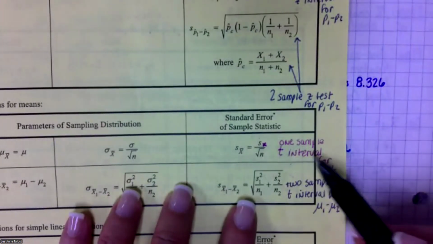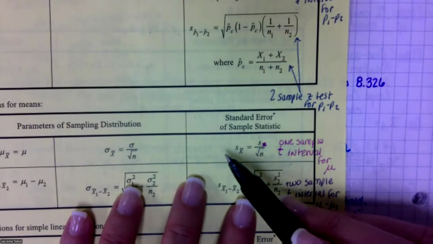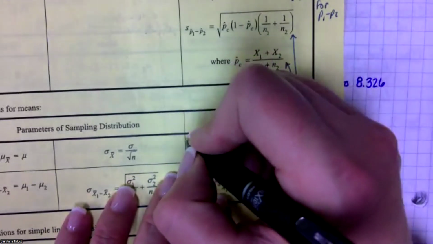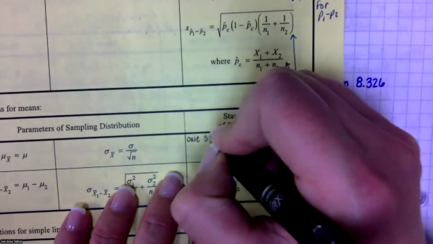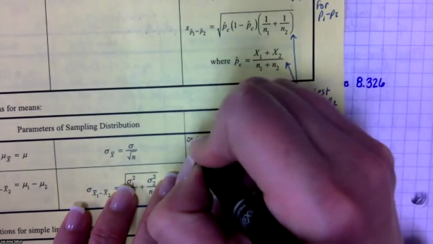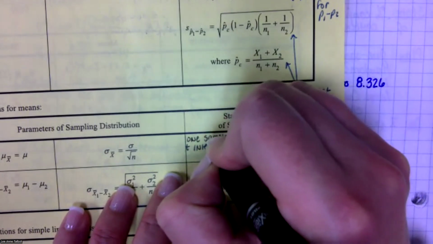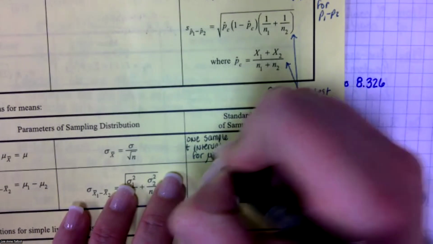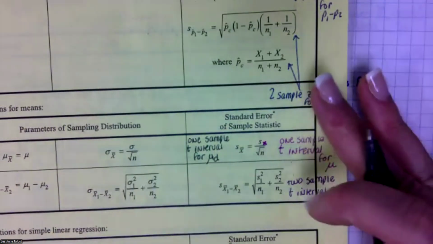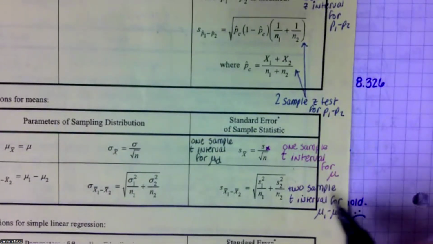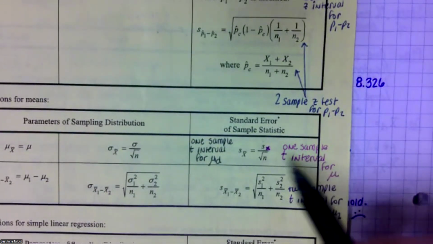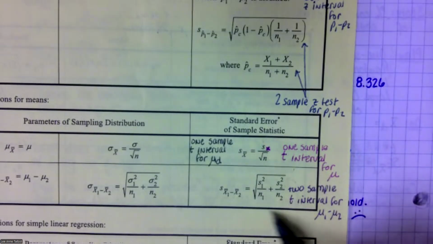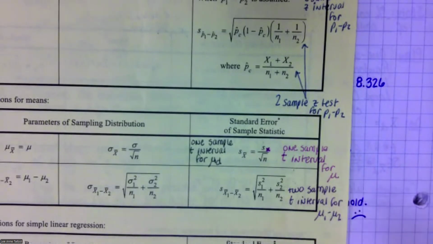We wrote one sample T interval for mu, but we also use the same one for the one sample T interval for mu D. You can put it wherever you want. I'm going to put it here. Or you can just say any kind of one sample T interval. But this is basically clearly the one sample location, and then this is the two sample location.